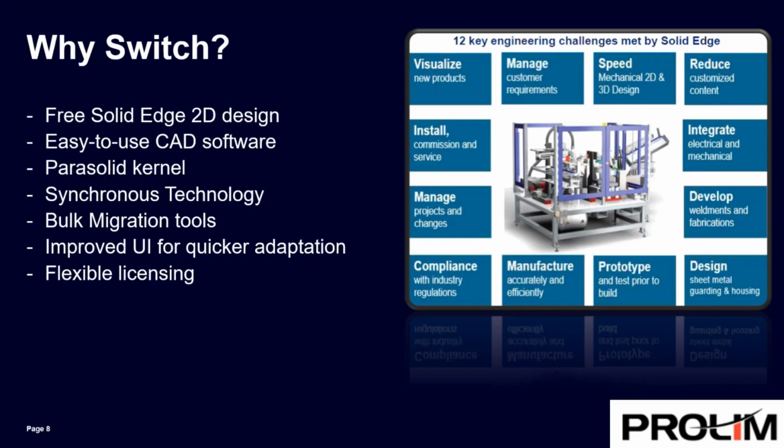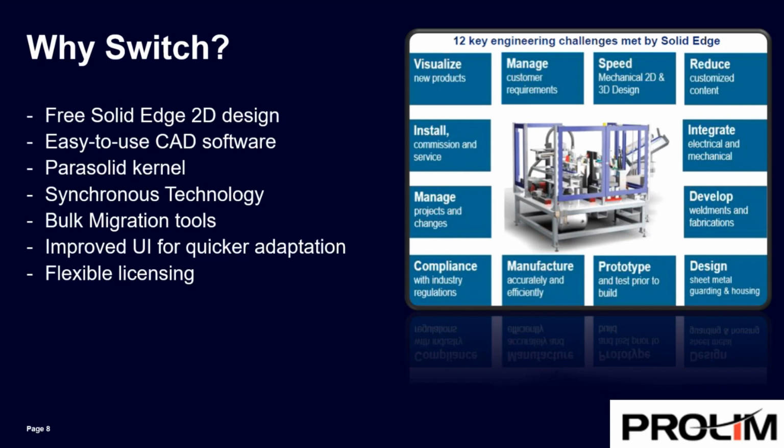But we have easy to use 3D CAD software with a fast learning curve. That's one of the big focus points: making the software so easy that you can just come in from another software and use it. Solid Edge, again, is based on Parasolid, offering continuity of data for SolidWorks users. Currently, they basically are using the same modeling kernel. Synchronous technology, though, enables faster and more flexible designs, faster design changes, and more intelligent data reuse, which we'll talk about in a minute as well.